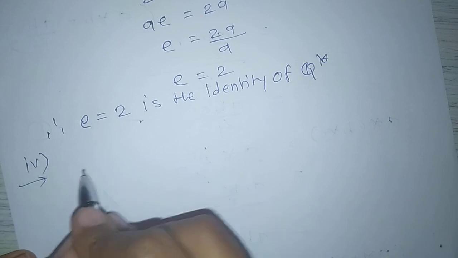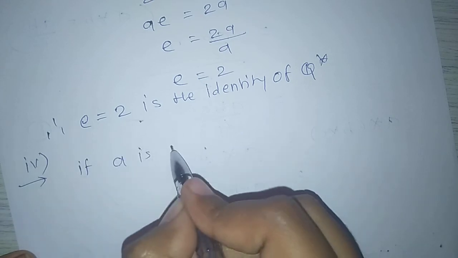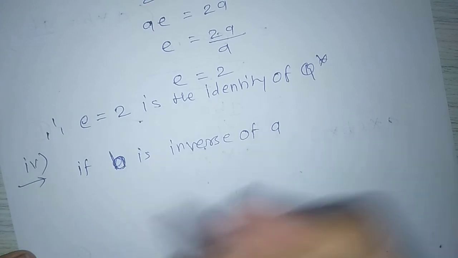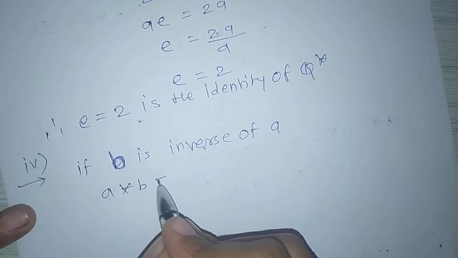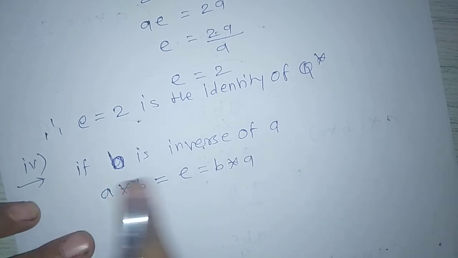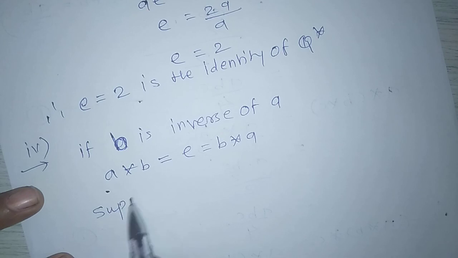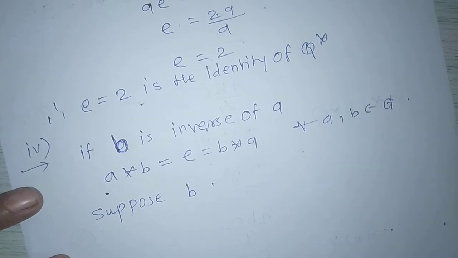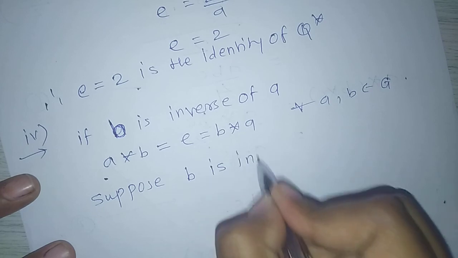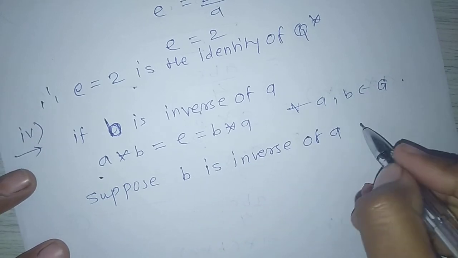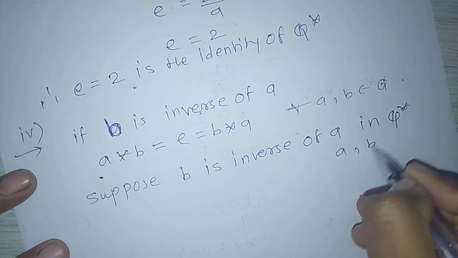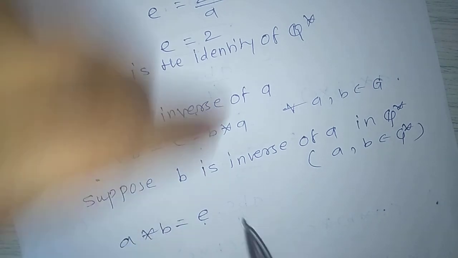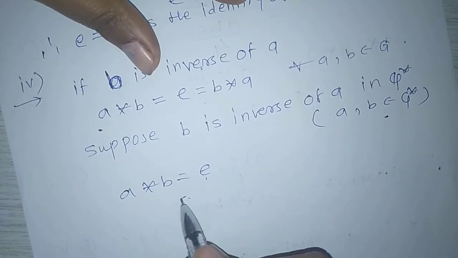We know that if B is the inverse of A, then A star B equal to E, which is also equal to B star A, for all A, B belonging to G. Then we say that B is inverse of A. Suppose B is inverse of A in Q star, where A, B belong to Q star, means A star B equal to E, and E is the identity of Q star, here E equal to 2.